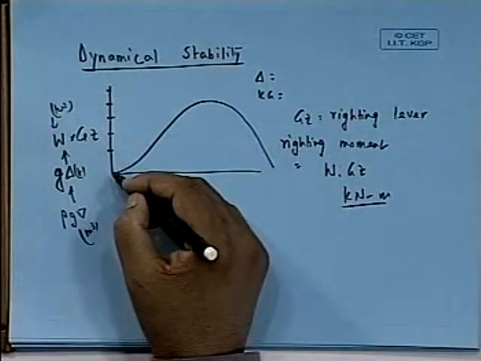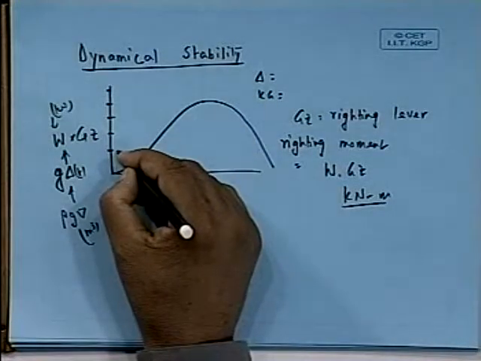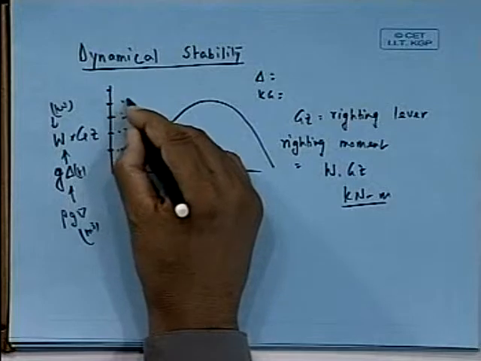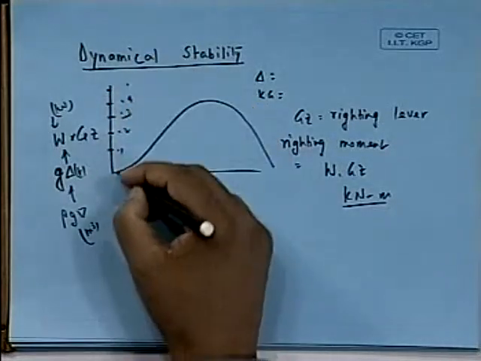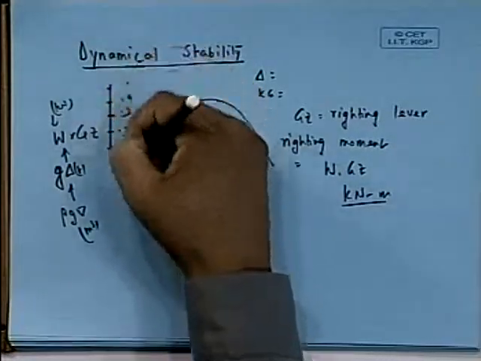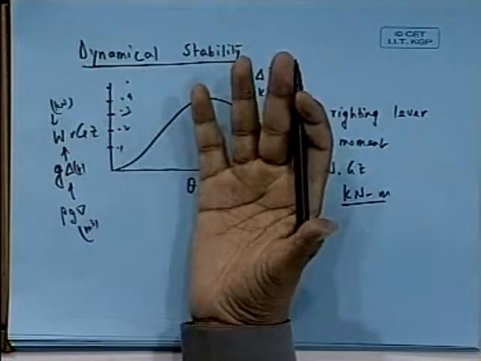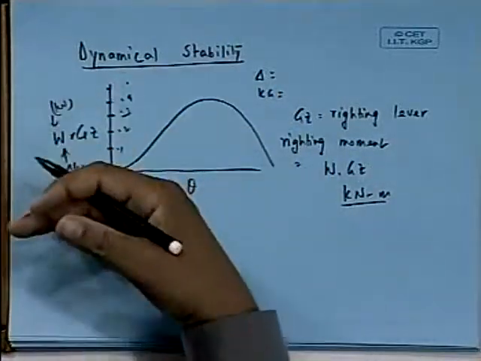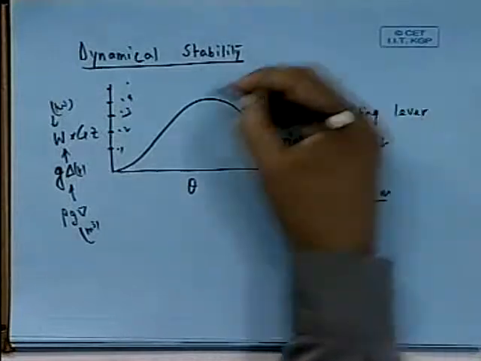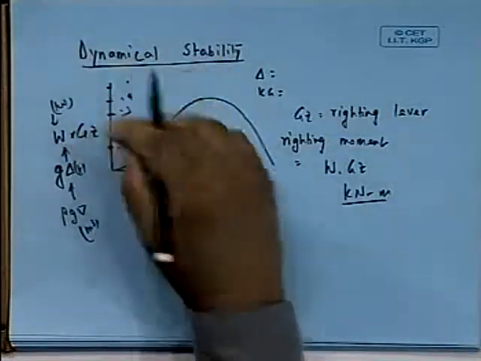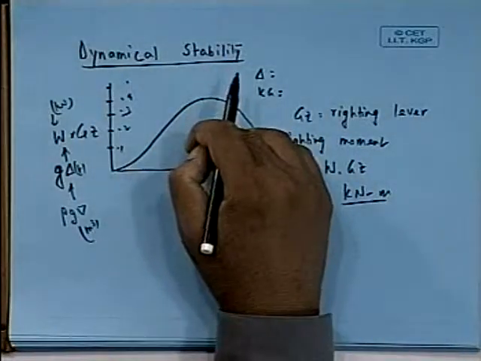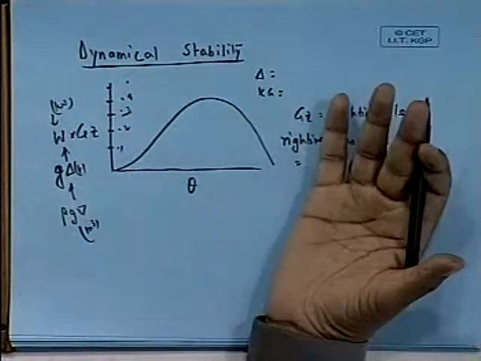Supposing it is 10,000 ton, then you put, say, 0.1, 0.2, 0.3, 0.4, and you say this is Gz, and this multiplied by 10,000 becomes equal to the righting lever. So it is just a question of scaling. You can write another scale this side. So one curve actually tells me both, because it is a multiplication with a constant number.